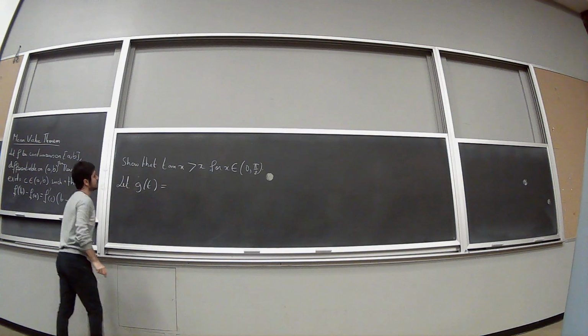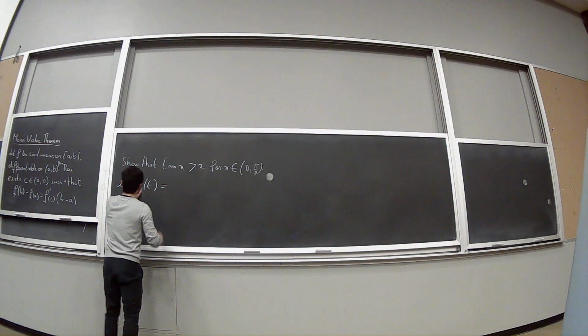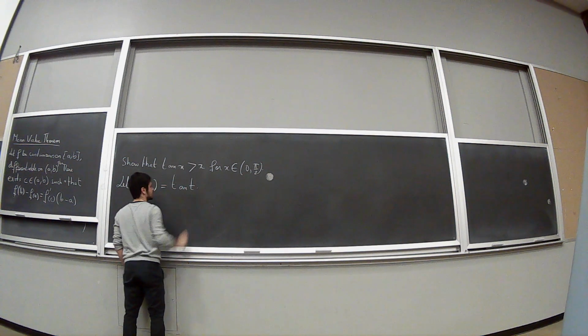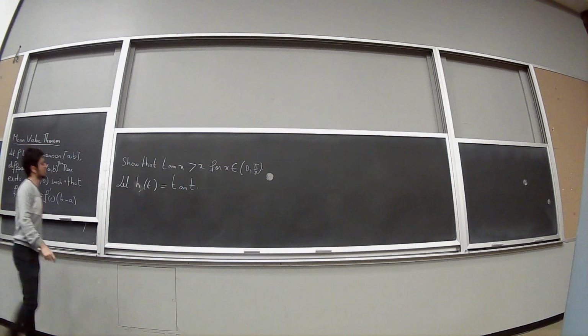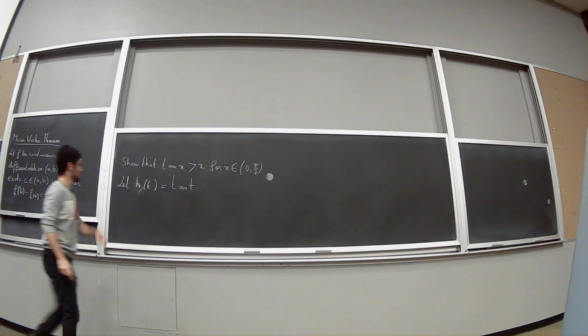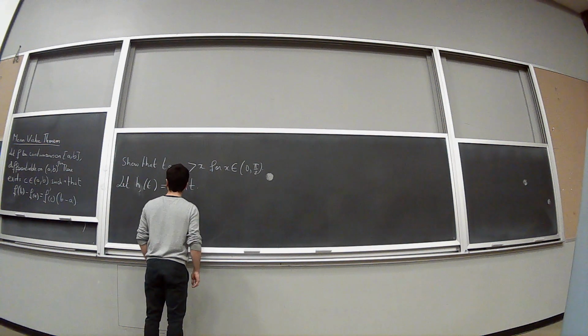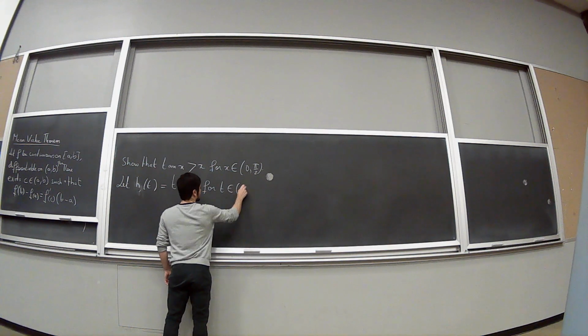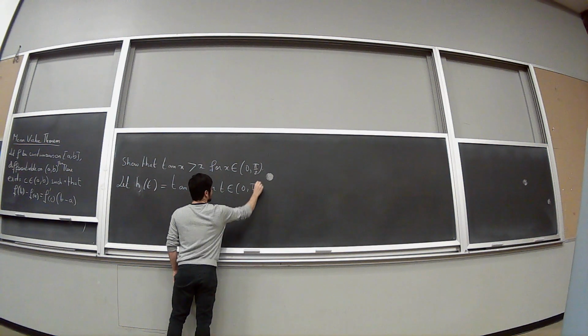So let h of t be equal to tan t. This is another way of doing it. It's equivalent, really, but that's fine. So let h of t equal tan t for t in [0, pi over 2).